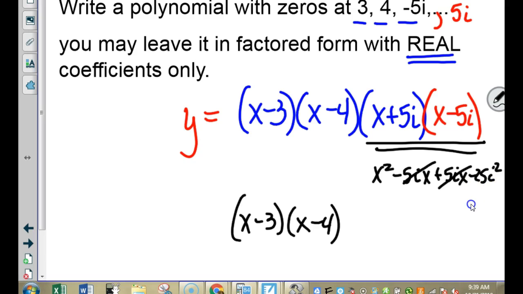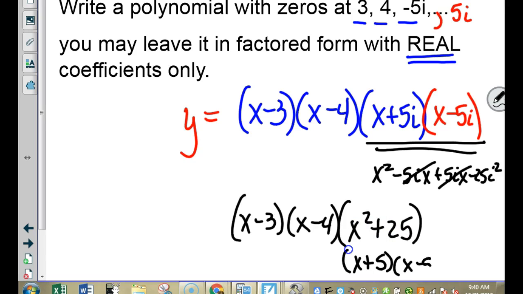What's a negative 25i squared become? Can that factor again? So many of you got to here, and then you decided, oh, this must factor: x plus 5, x minus 5. If it did, wouldn't there have been zeros at 5 and -5? Yeah. It doesn't factor, that's why it had imaginary solutions.